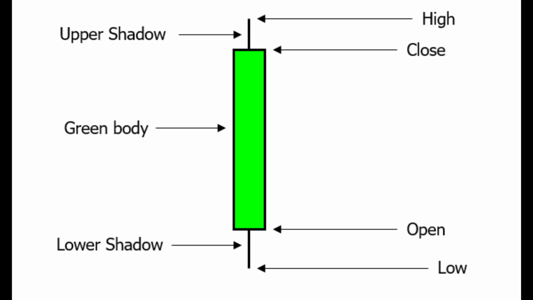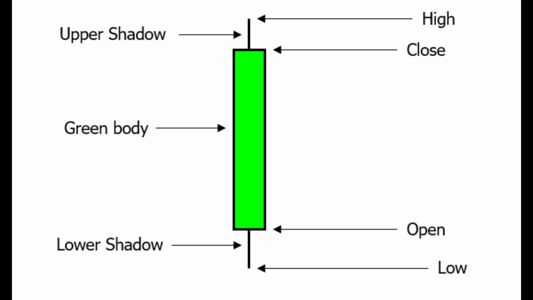The open indicates the price at which trading started for that particular trading day. And the close indicates the price at which trading ended for that particular trading day. A green candle indicates that price moved up and ended higher than it started for that particular time frame.